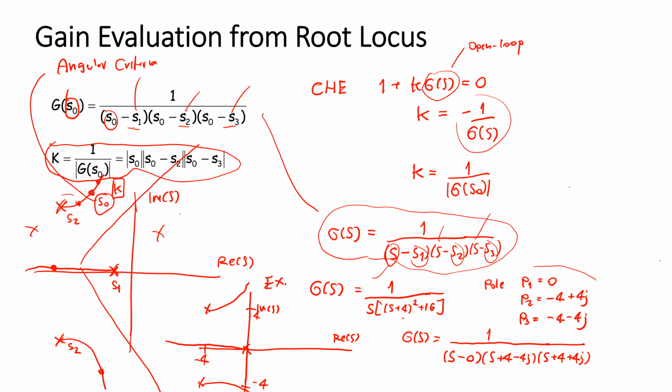If you pick one point s0 here and want to know the gain at that point, the gain can simply be obtained by substituting s by s0 and considering the magnitude.